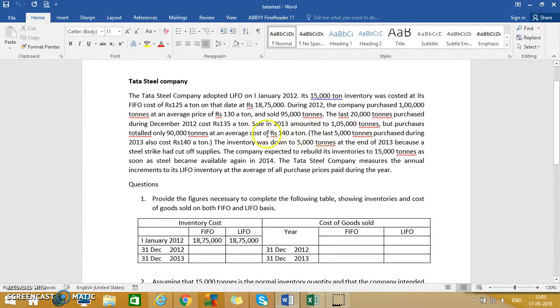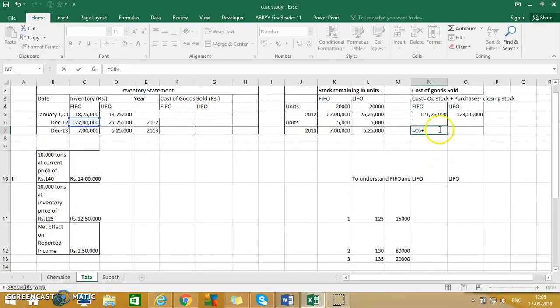The average price is 140. You have purchased how many units? 90,000 tons. Done. Into 90,000 tons into the average price of 140, minus your closing stock. What's the closing stock?